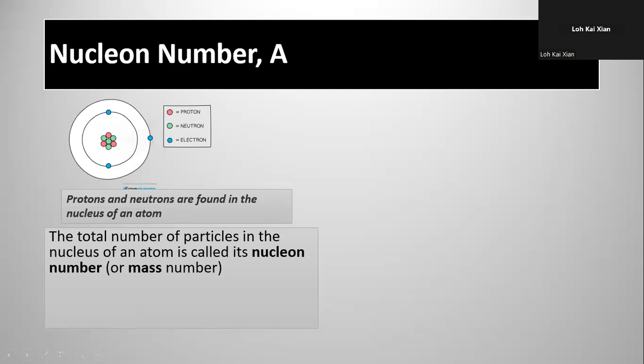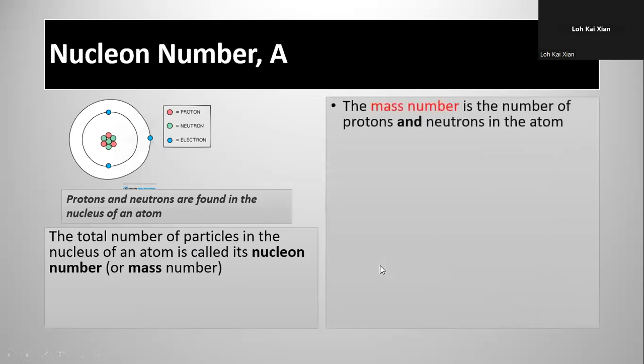Okay, next term is A, nucleon number. What is it? Total number of particles in the nucleus of an atom is called a nucleon number or mass number. A, total number of particles in the nucleus. Mass number is the number of proton and neutron.